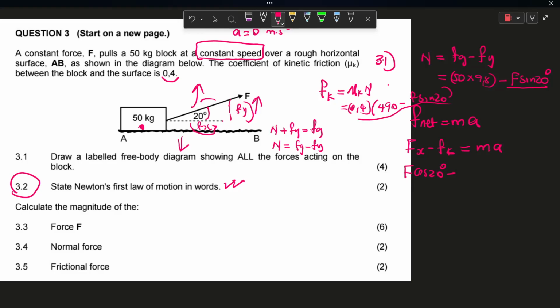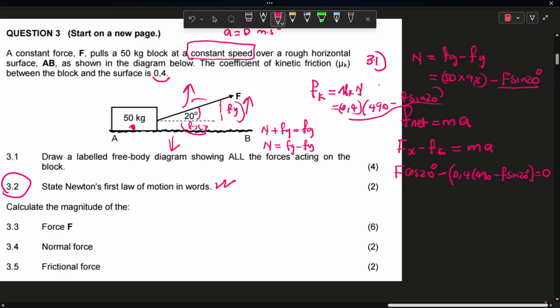So where there is Fk, we write 0.4 into 490 minus F sine 20, and that is equal to 0. Why 0, class? Constant speed, because it's m into 0, which gives you 0.